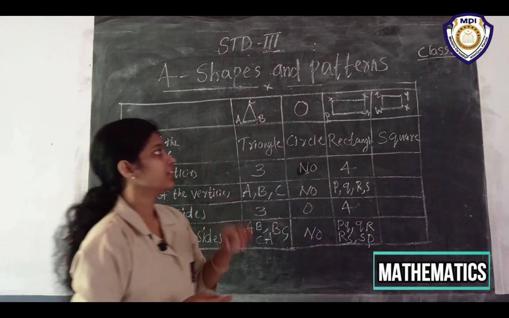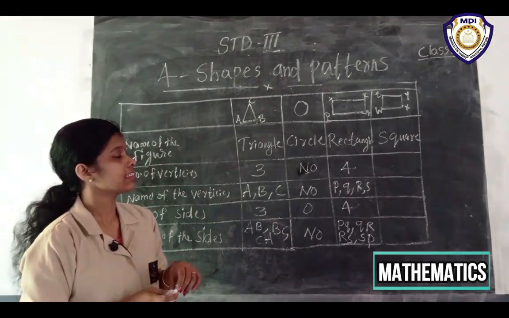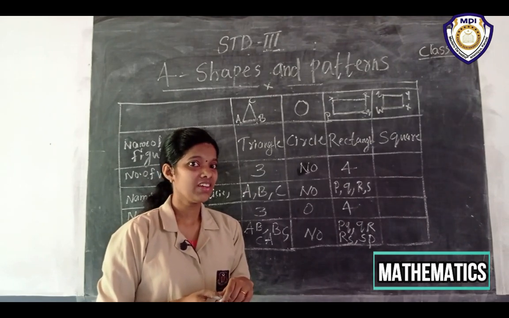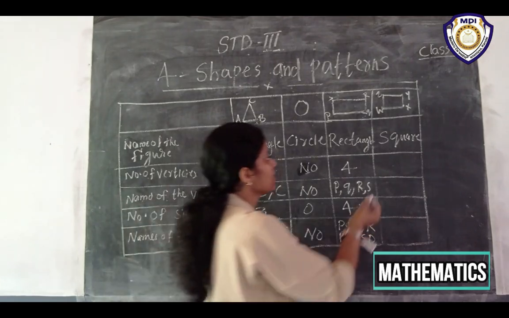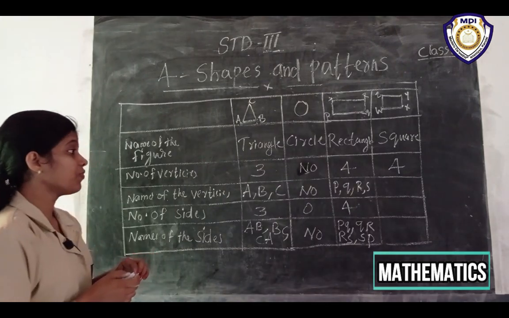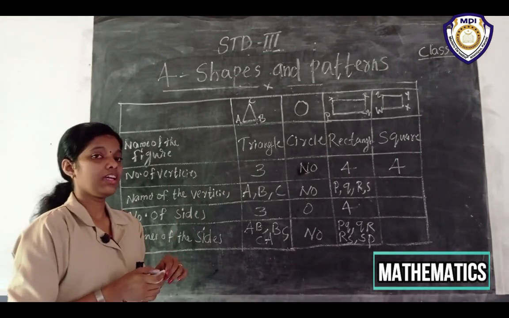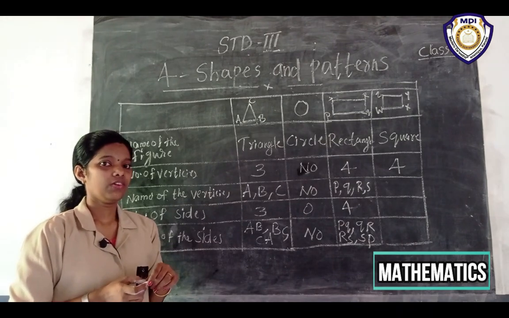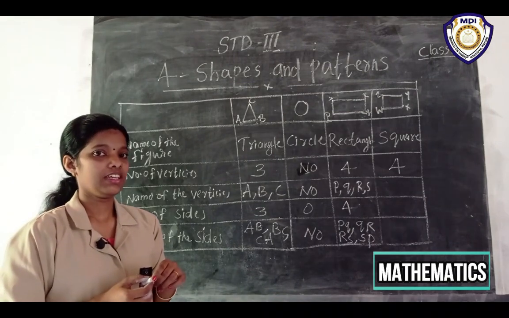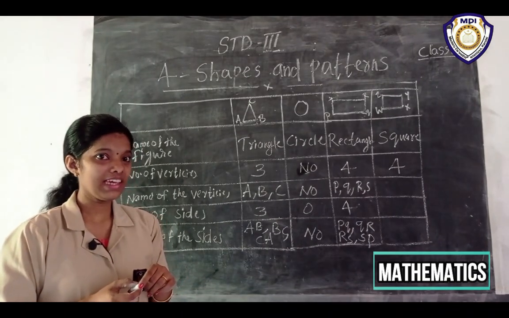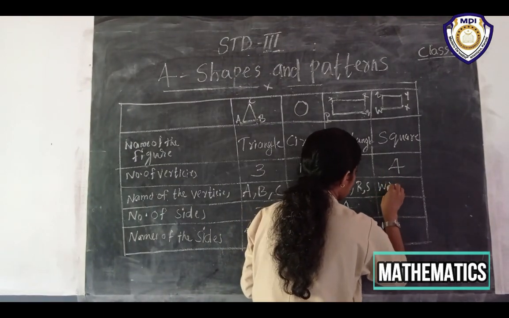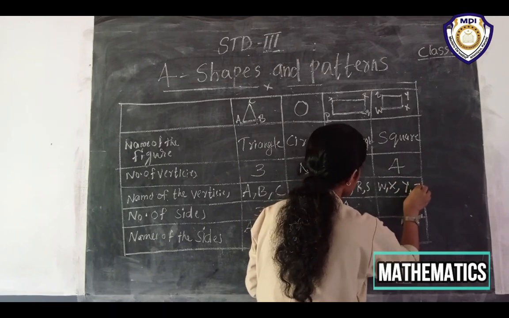Number of vertices: square has 4 vertices. Name of the vertices: W, X, Y and Z.